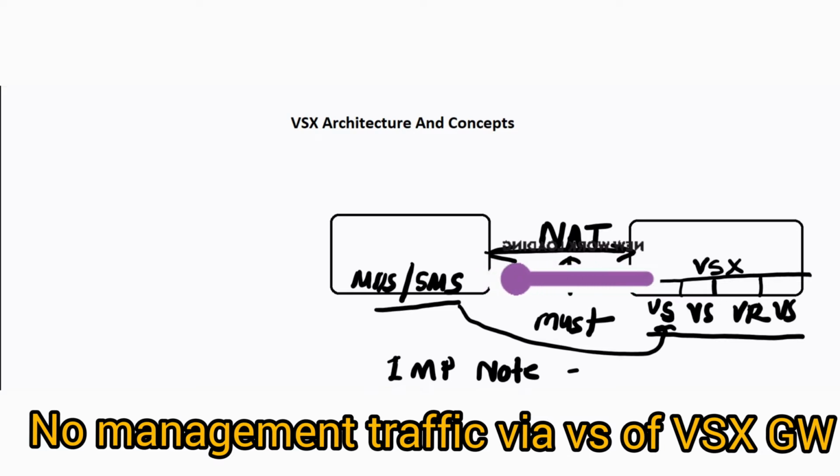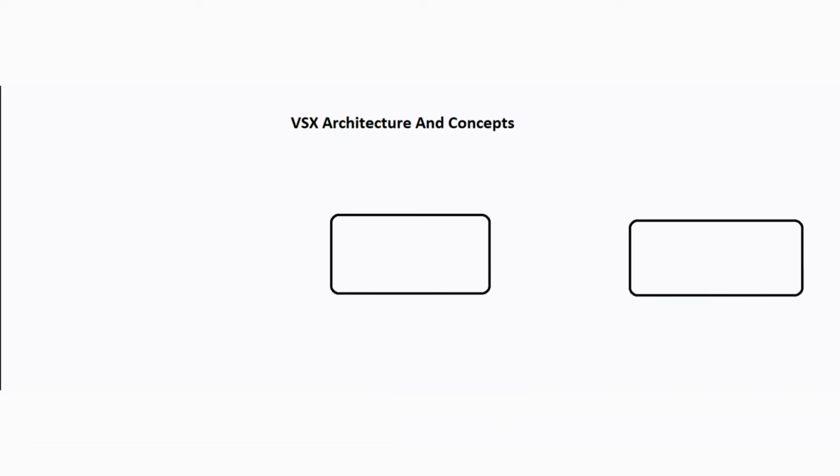Let's see what are the ways to connect the management server with the VSX gateway. Again, consider this is your SMS or MDS and this is your VSX gateway. To manage the connection between the SMS or MDS and this VSX, there are two options available.